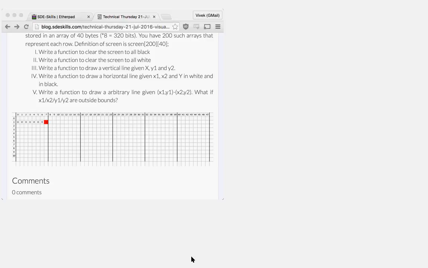If they are in different ones, for example x1 and x2 are 7 and 17, then one is in the 0th index and the other in the 2nd index. So whatever is in between, the whole thing we have to flip, and the other boundary conditions we need to find.